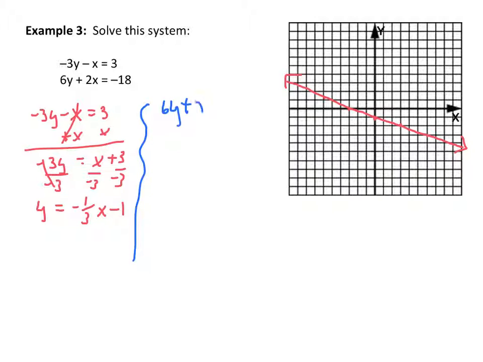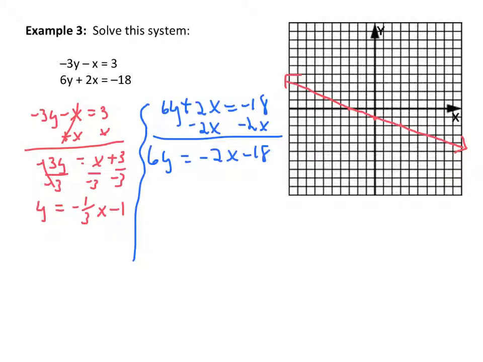So I will do that first by subtracting 2x. I get 6y is equal to negative 2x minus 18. Then divide by 6, and you know this drill well. Y equals negative 2/6 x, which is negative 1/3 x minus 3.